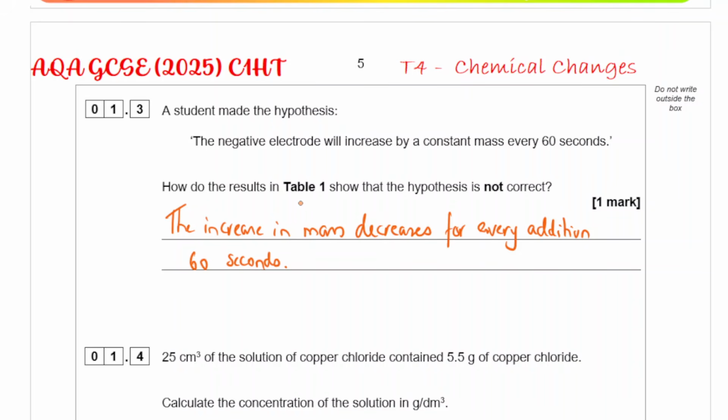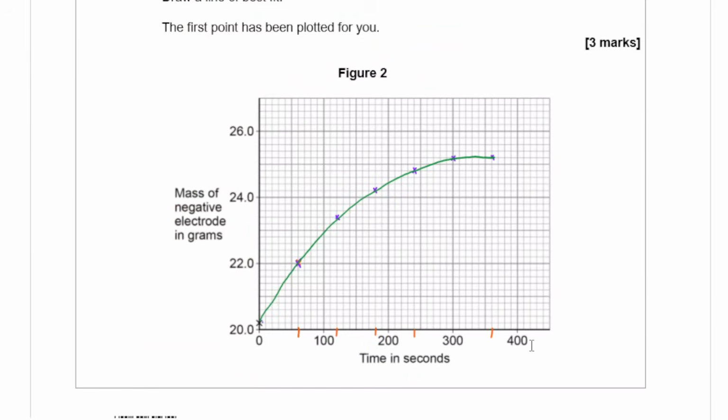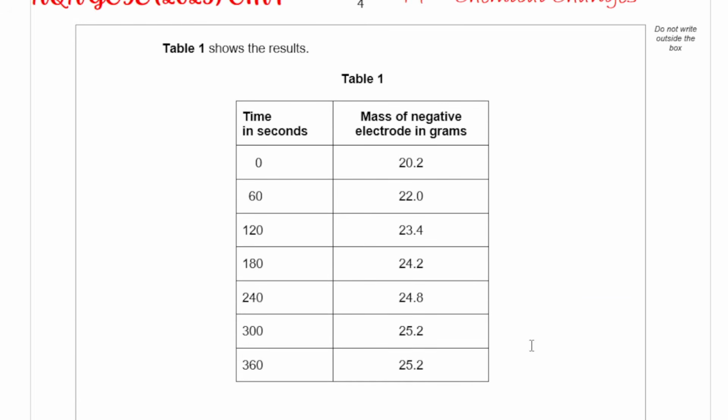Now, the common mistake in this question is students actually saying the graph is a curve or a straight line, but make sure that you don't do that, because here they're asking how do the results in table 1 show, not the graph, because you have to look at the table and you could work out the increase in mass from 20.2 to 22.